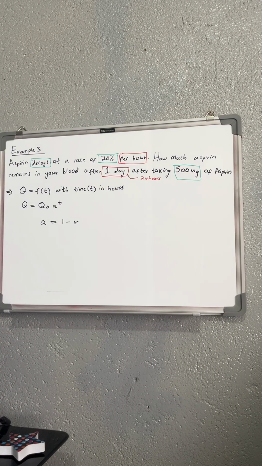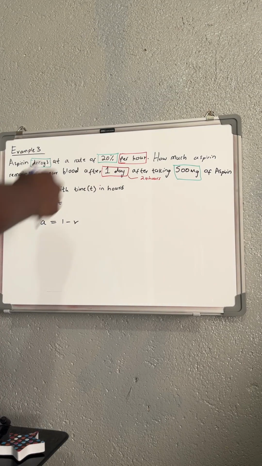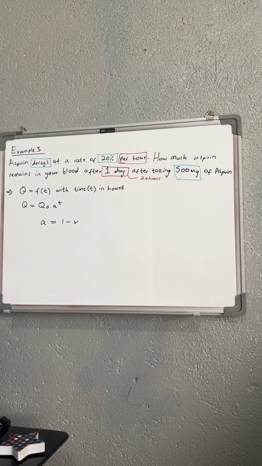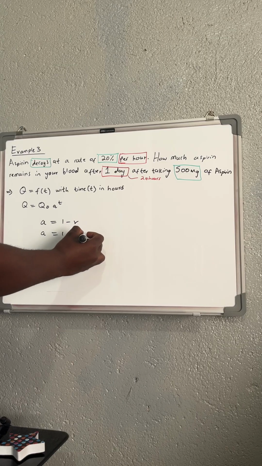They've given us the rate, remember, here it's 20%. We just have to take this 20% and divide it by 100, because it's going to be difficult if you're working with 1 minus 20%. It's best to divide it by 100. So you will have a is equal to 1 minus 0.20.